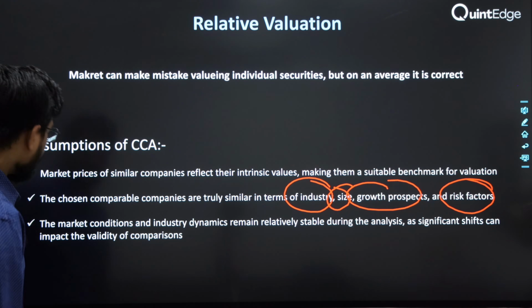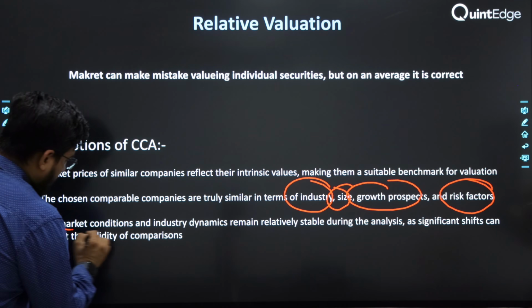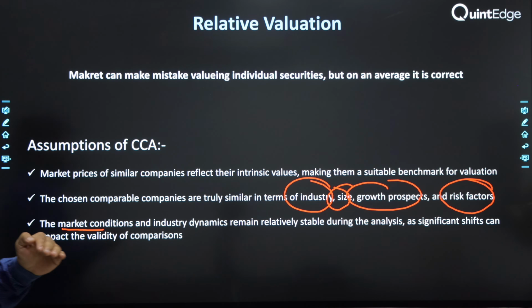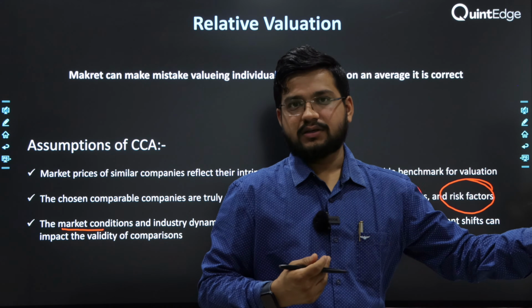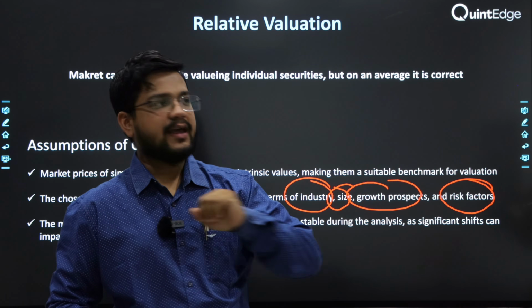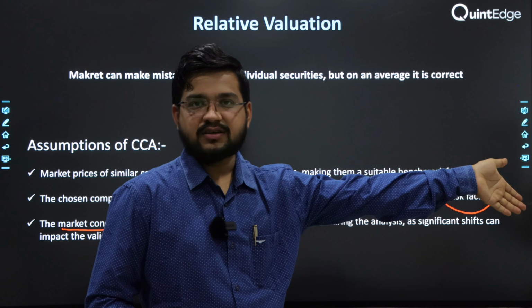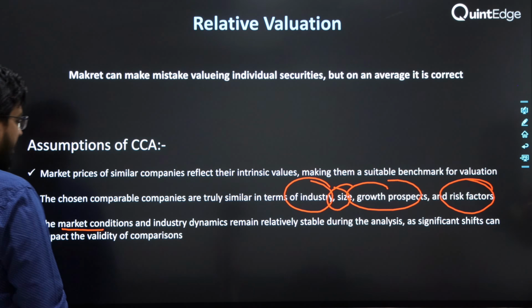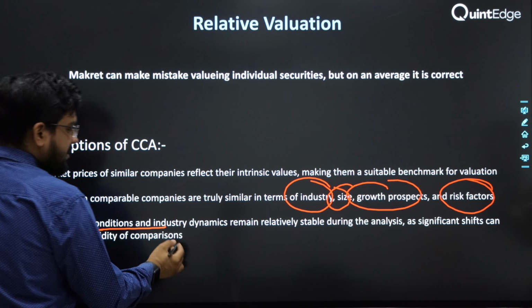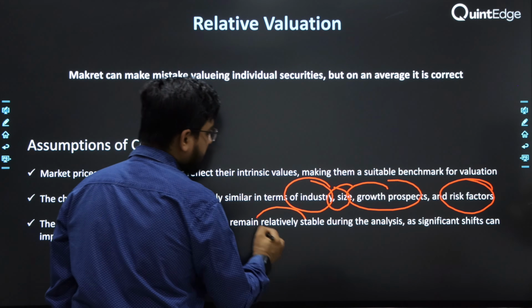Okay. Now, another assumption is, because I'm going to compare my flat with other flats, the market should not be very volatile, because one flat would have been sold last year, and till now the market conditions can dramatically change. So another assumption is that market conditions and industry dynamics are relatively stable.